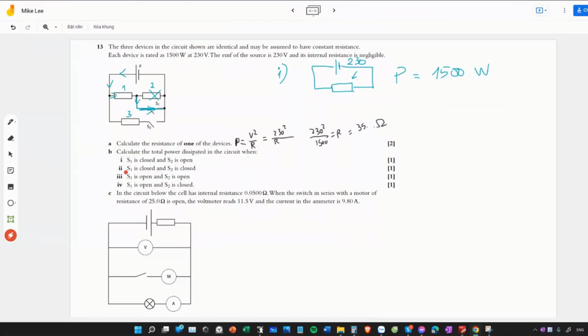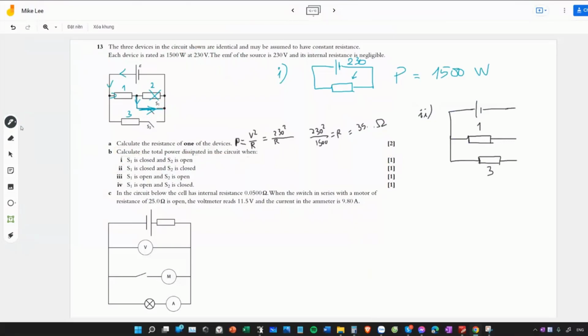The second case, S1 is closed and S2 is also closed. So now the circuit has two resistors connected in parallel. This is resistor 1, this is resistor 3, and the current does not go through resistor 2.